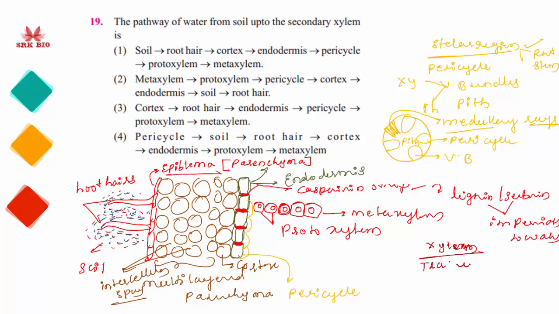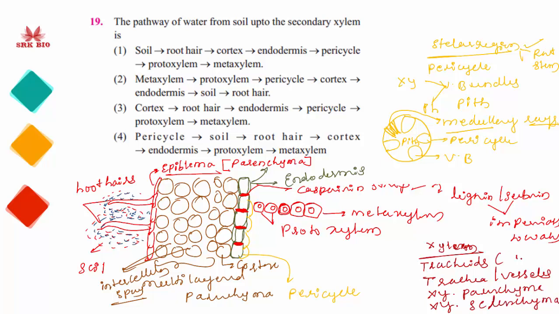One is tracheids, another is trachea or vessels, one more is xylem parenchyma, and the last one is xylem sclerenchyma. So among the 4 cellular elements, tracheids are dead at maturity, trachea are also dead at maturity, xylem sclerenchyma is also dead at maturity. Only xylem parenchyma is in the living condition.